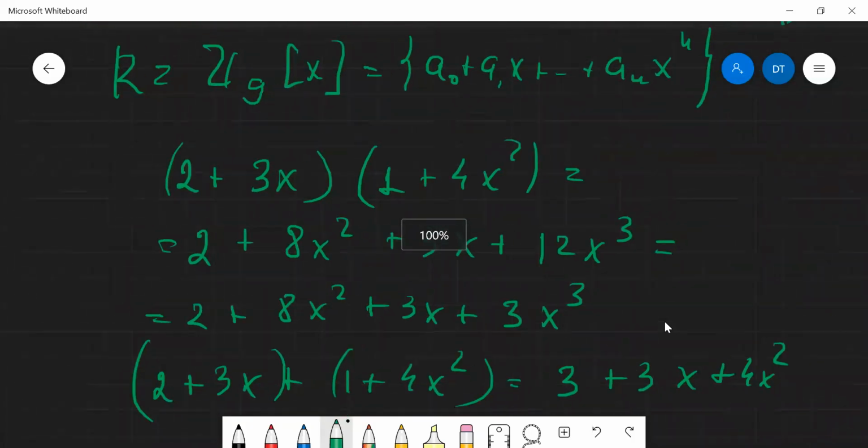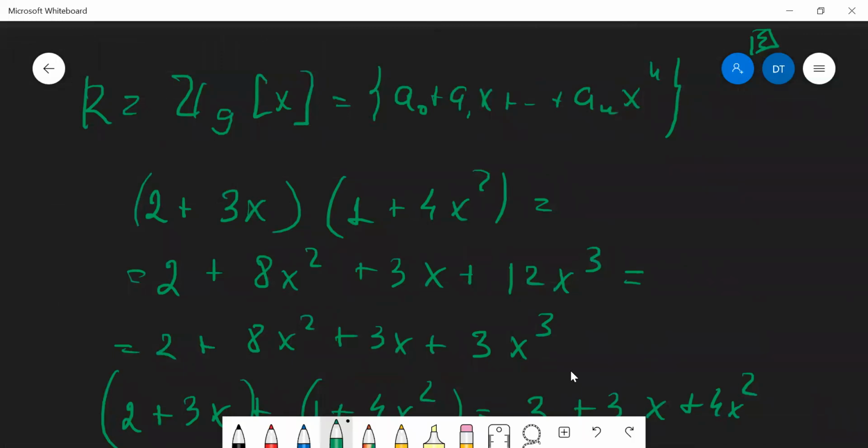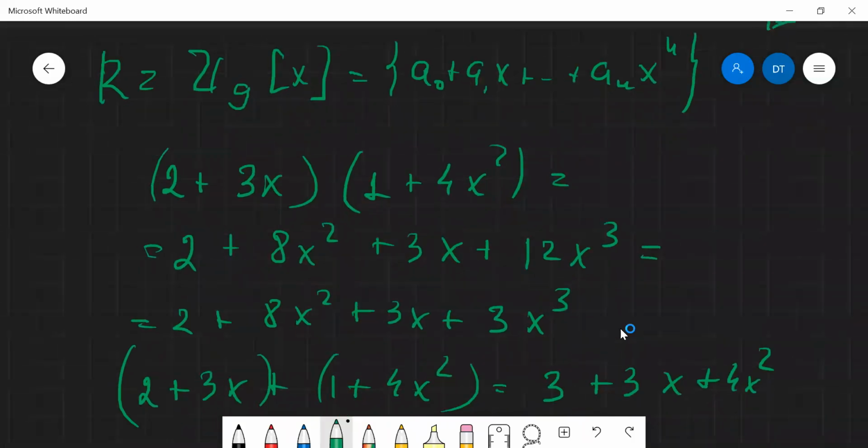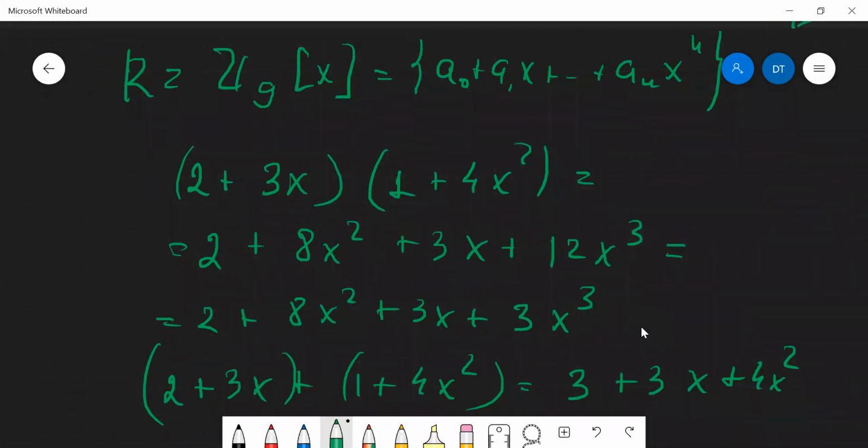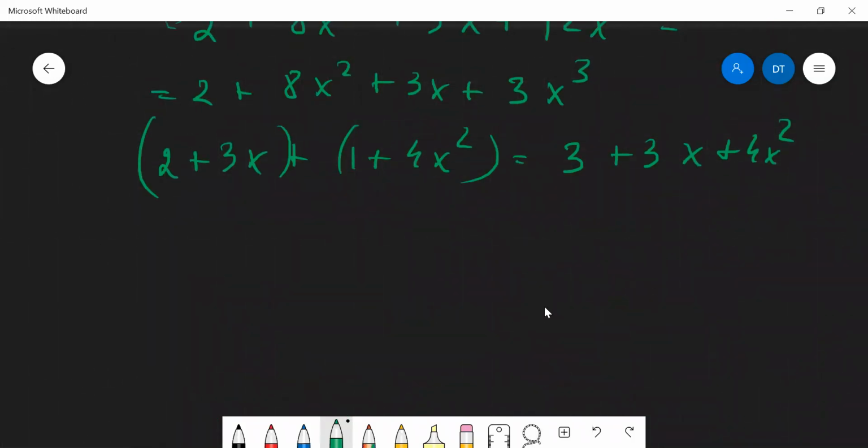Okay, are there any questions regarding the operations here? Could you explain one more time the way of comparing polynomials? Okay, so it's simple. For example, if you have x and you have x squared, they are different because here the coefficient near x to the power of 1 is 1, and here the coefficient near x to the power of 1 is 0.